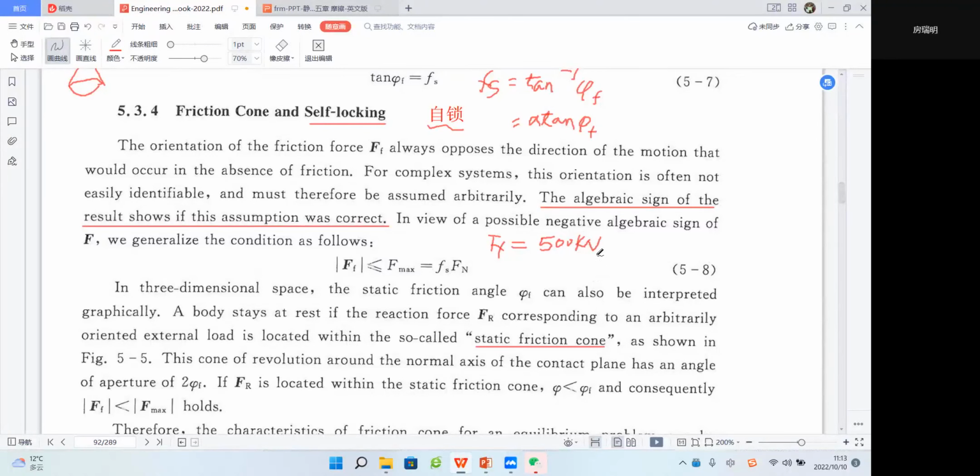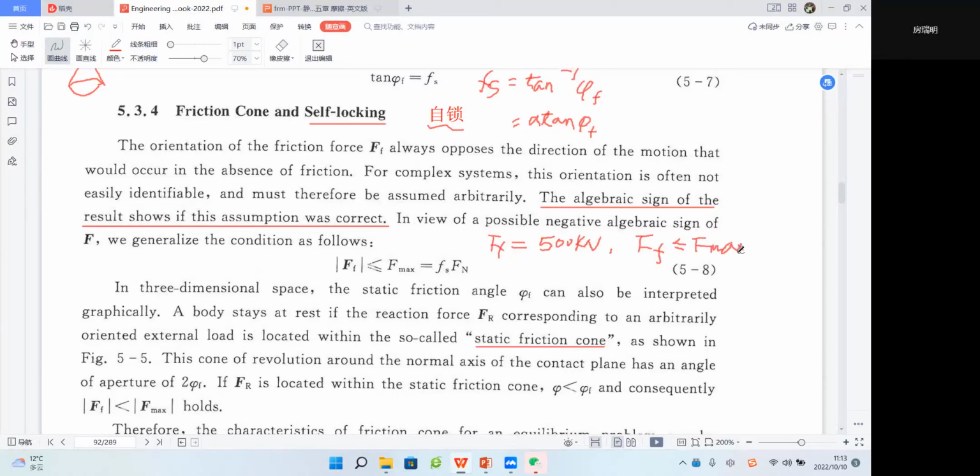No, there is another condition we should remember and always test: that is, our FF must be less than or equal to F max.